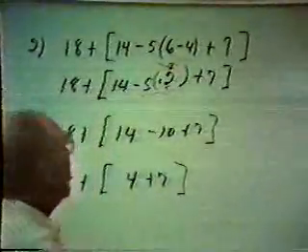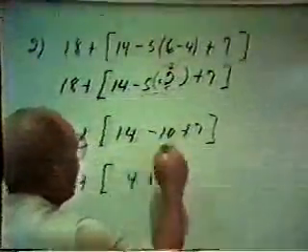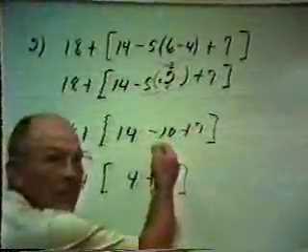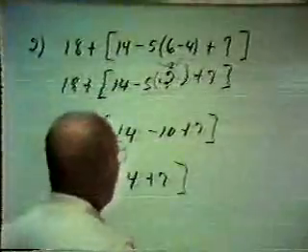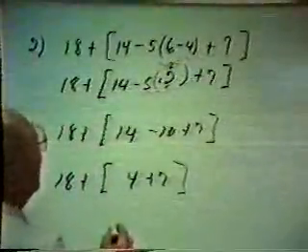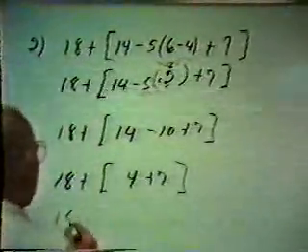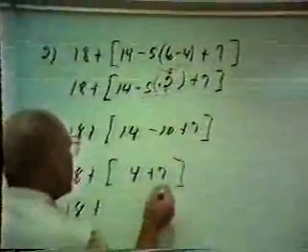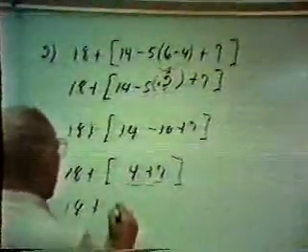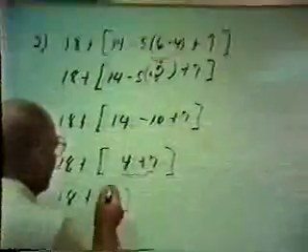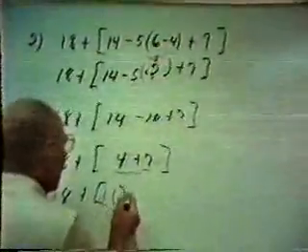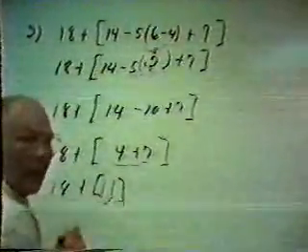All right? Now, you could do this in your head right now, but remember, I'm just trying to run through each and every step that you follow. All right, then that would give you 18 plus, further simplifying this, that would give you 11. And the bracket now, notice what happens right here. Inside this bracket, I have a single answer, 11.